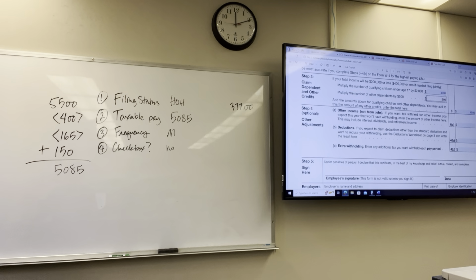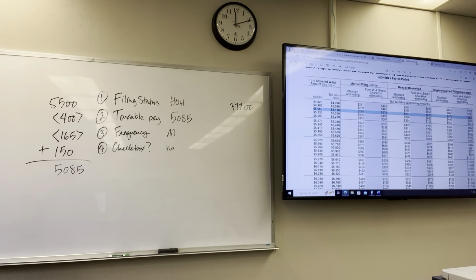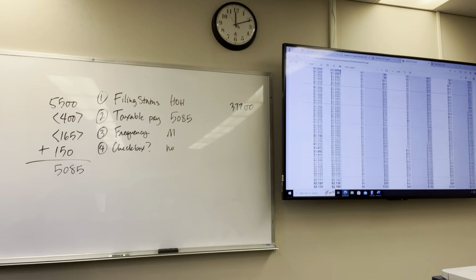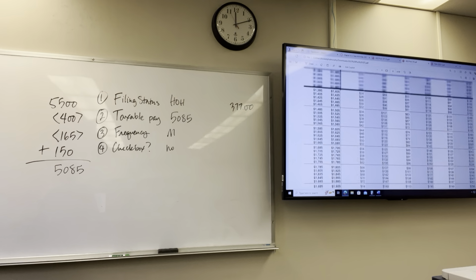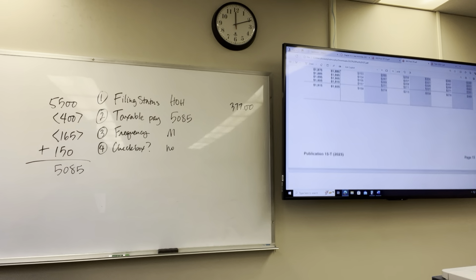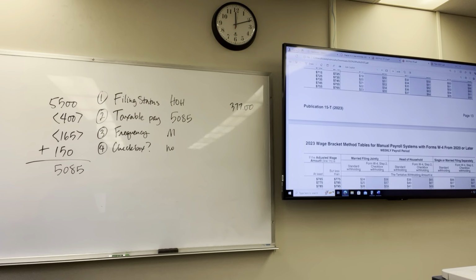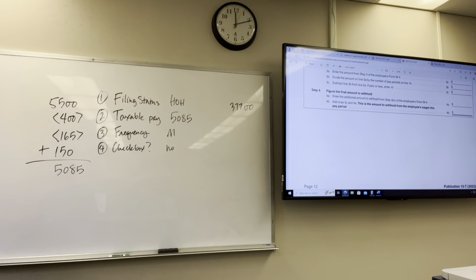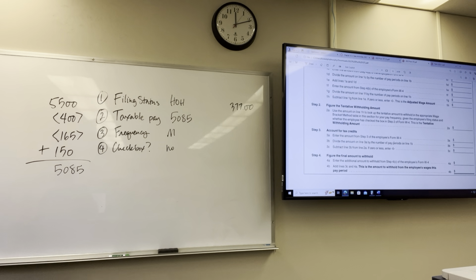So if you recall, essentially what we did was we divided this amount by the number of pays. That's what these steps do in the worksheet. So the amount from step 3, which was 4,500, divide the amount on line 3A by the number of pay periods.